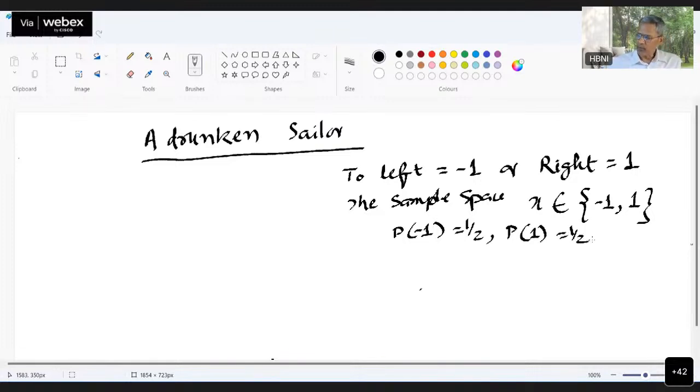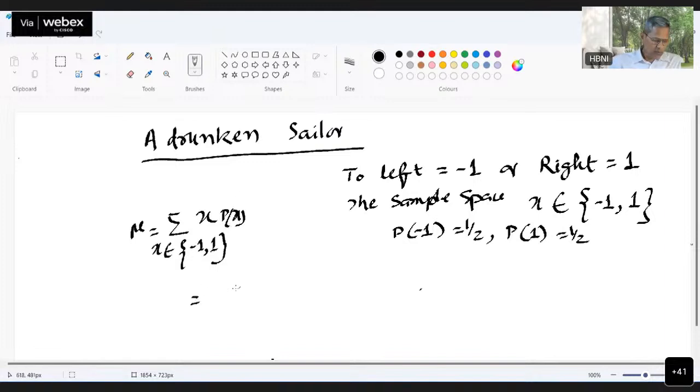Suppose I want to calculate the mean distance he will travel after one step. The mean will be defined as the sum over x, which belongs to -1 or +1, of x p(x).